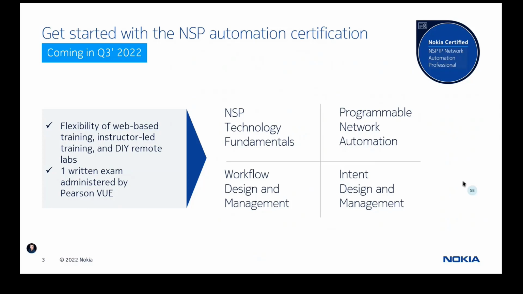This will be based on 4 different courses that we provide: technology fundamentals, workflow design and management, programmable network automation, and intent design and management. It'll be one exam to become certified, probably about 80 questions. It can be done through Pearson VUE. You'll start to see more information on this in the coming months.